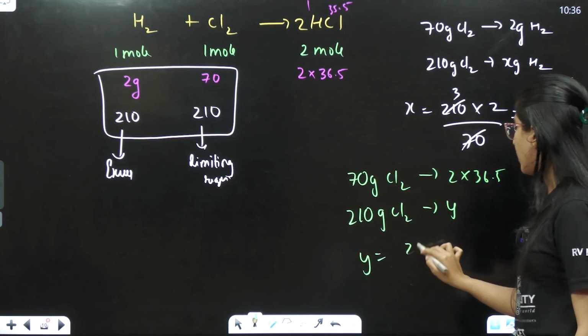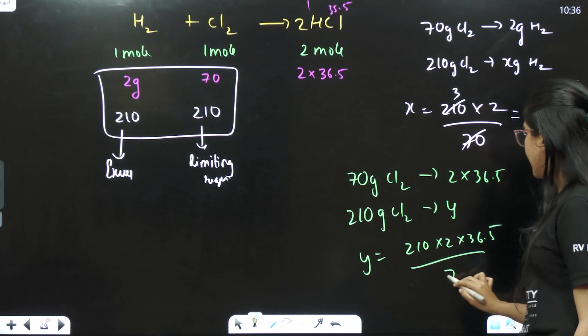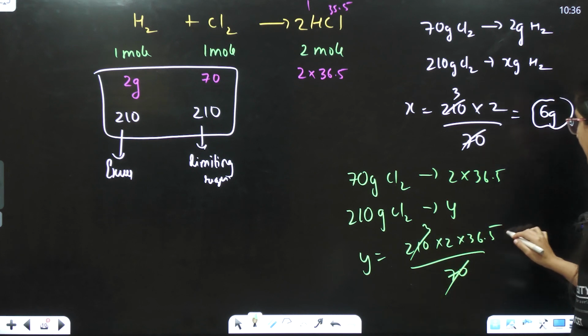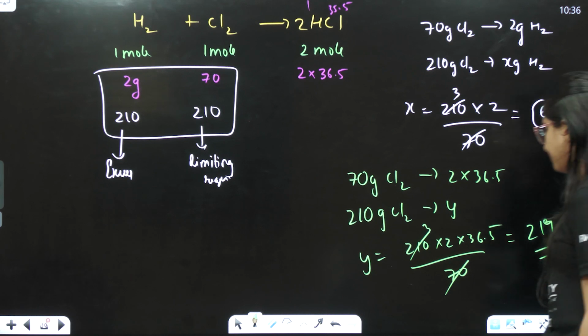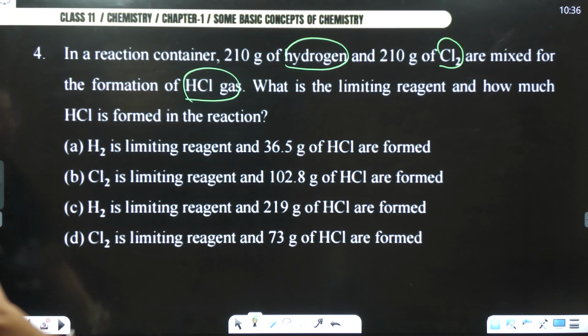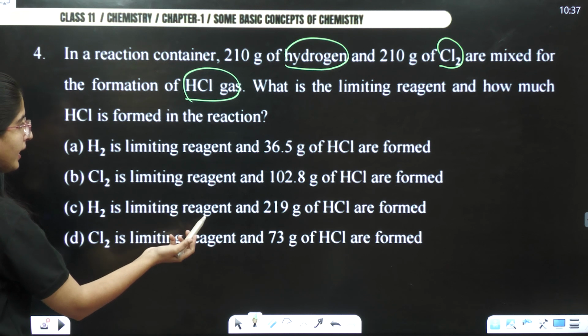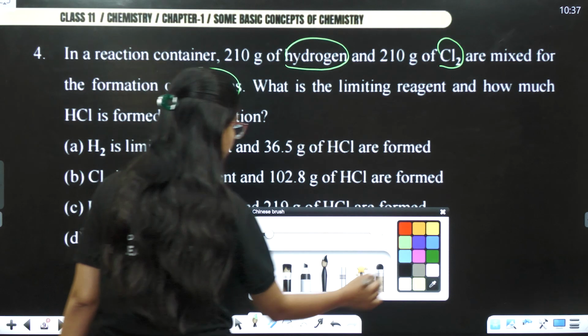So you will have 210 into 2 into 36.5 divided by 70, and it will come around 219 grams. So the correct option is option number C. Here your chlorine is the limiting reagent and HCl formed is 219 grams.